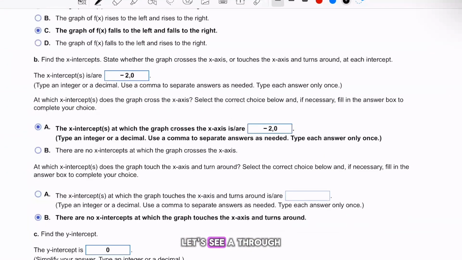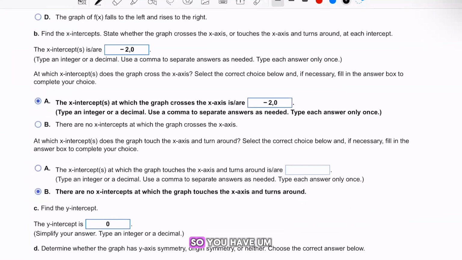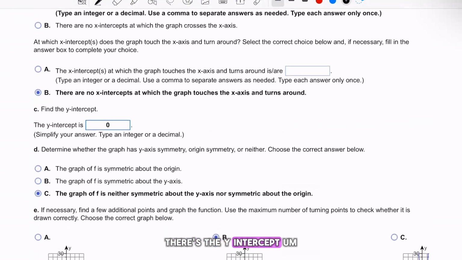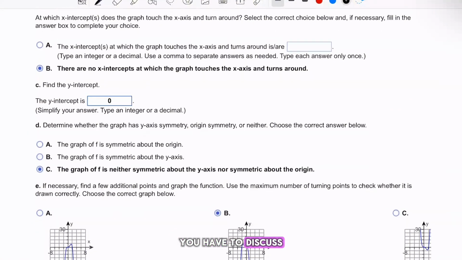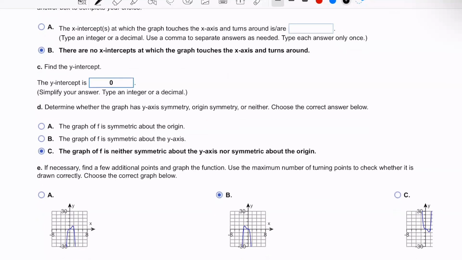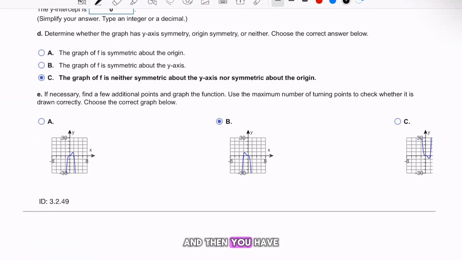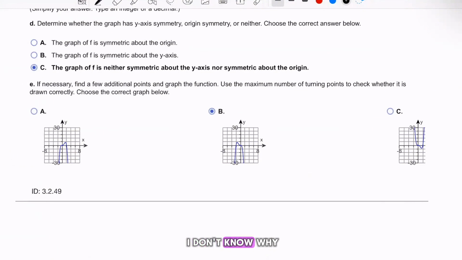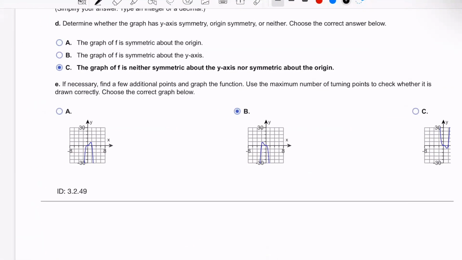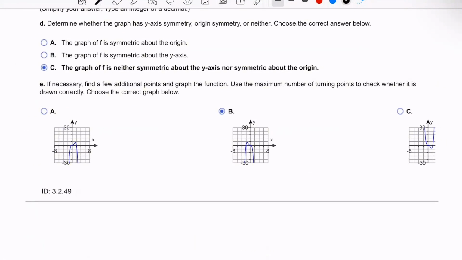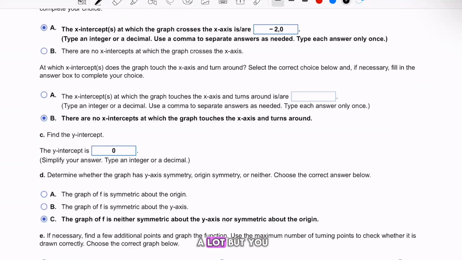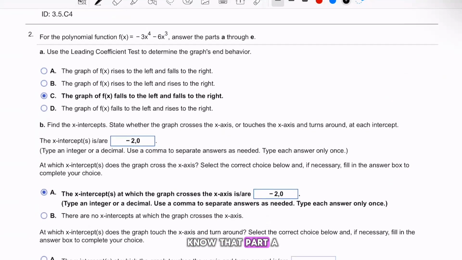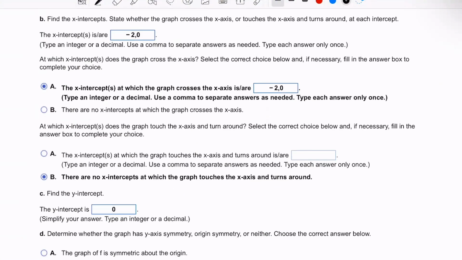There are A through E parts. So there's the Y intercept. You have to discuss the symmetry, and then you have to pick the right graph. I don't know why that's cut off, but you have to pick the correct graph. It looks like a lot, but part A is multiple choice.